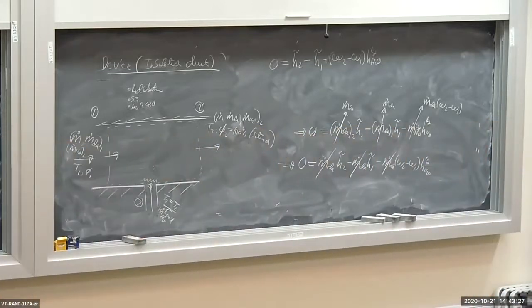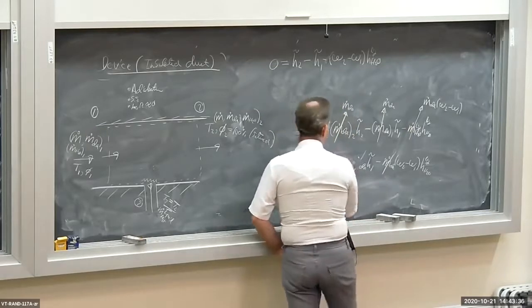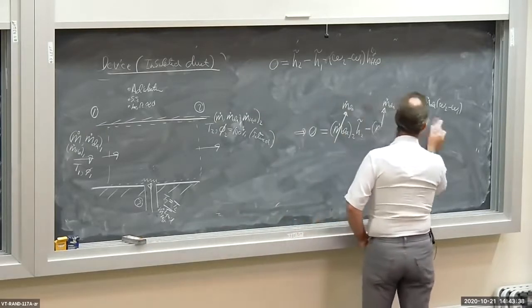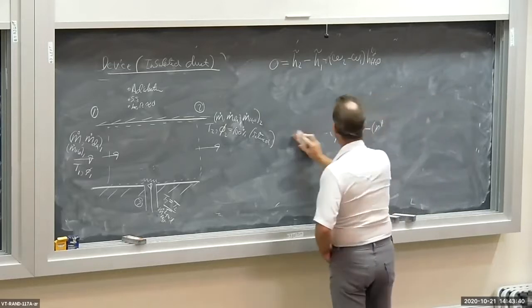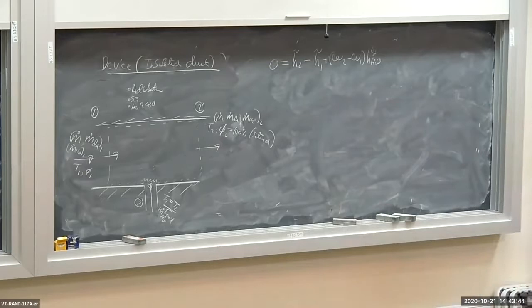Essentially, it's my governing equation for my adiabatic duct, where the exit is saturated. I'm injecting H2O until the exit is at a saturated state, okay? Now, I'm going to point something out here. I'm going to rewrite this equation. I'm going to show the dependency on temperature and relative humidity for every one of these terms.